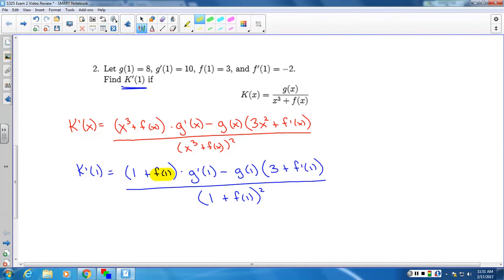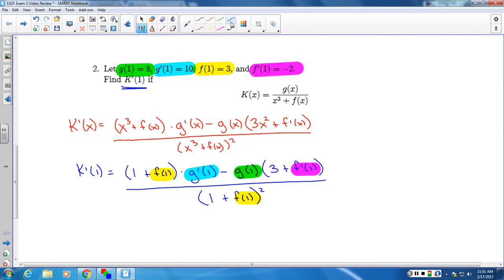So f of 1 was given to me right there, and that's in a couple of places. And then g prime of 1 is given right there. And then g of 1 is given right there. And then f prime of 1 is given right there.